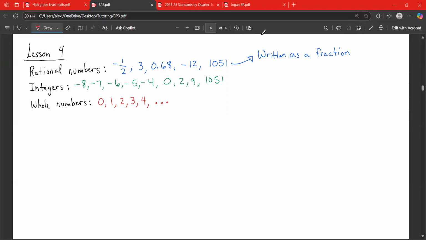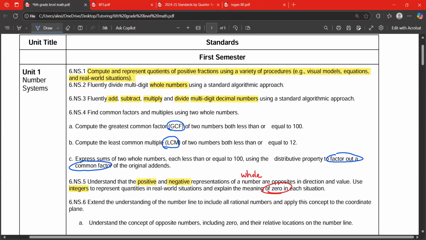All right, let's look back at our 6th grade curriculum map and see what we're going to work on for today. So for Unit 1, it's all about the number systems, and that's what we're talking about. In particular, you got to make sure you can add, subtract, multiply, and divide, not only multi-digit decimal numbers, but whole numbers, fractions.